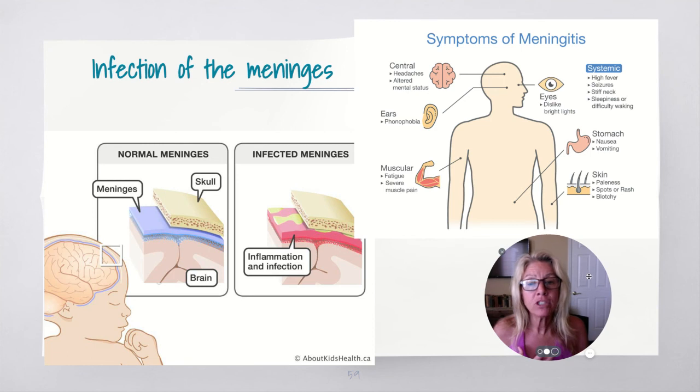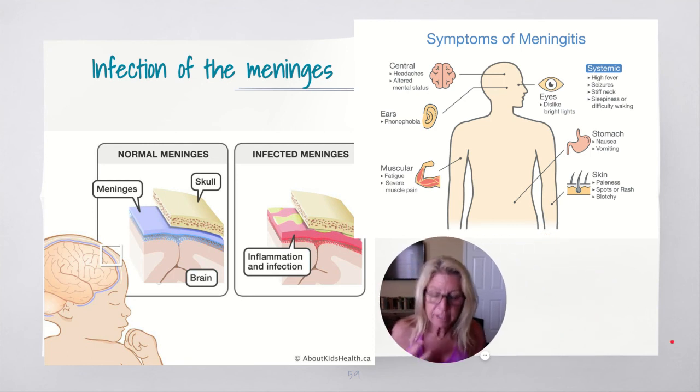All right. Meningitis. Meningitis is an infection of the meninges. Remember the pia, the arachnoid, and the dura. You could have a bacterial infection in there. Symptoms of meningitis are things like headache, altered mental status, could be a high fever, seizures, stiff neck. I remember because I knew about meningitis, one of the things, if a child is having it, the sooner you can get it to them, the better.